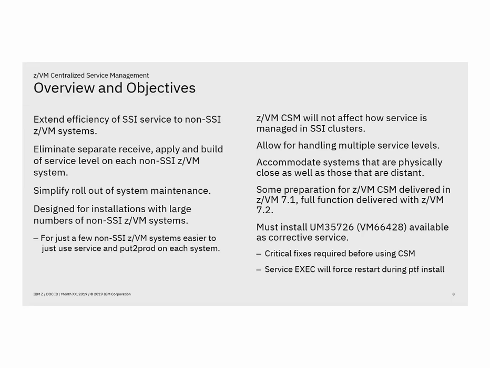This PTF did not make the GA cutoff for 7.2, so it was not on the GA RSU. It happens to be on the 2101 RSU for 7.2 at this point in time. But you need to make sure that this service is installed on the principal system and any managed systems before you start using CSM.